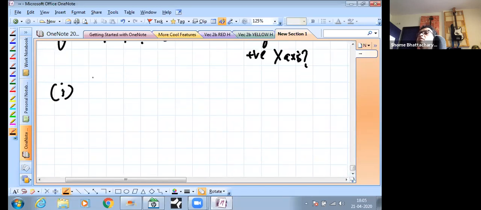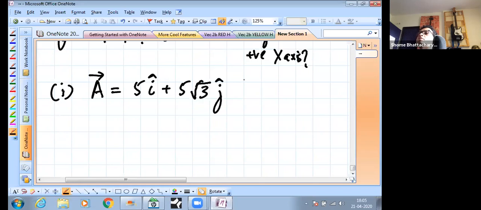So the vector E is now given as 5 i cap plus 5 root 3 j cap. Actually, this is not a question mark. What we have to find is what I've written above, the magnitude and the direction. But the given quantity is this.